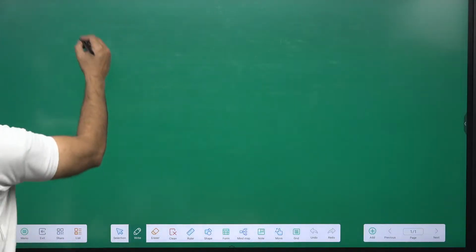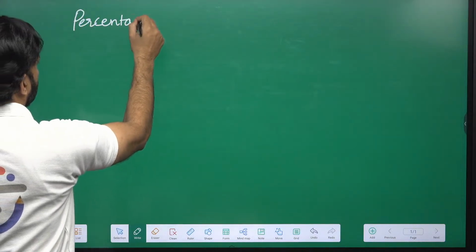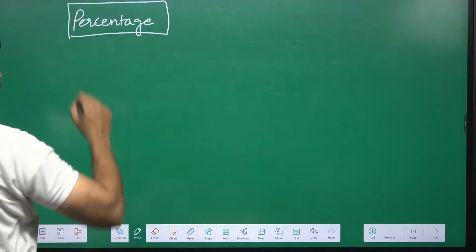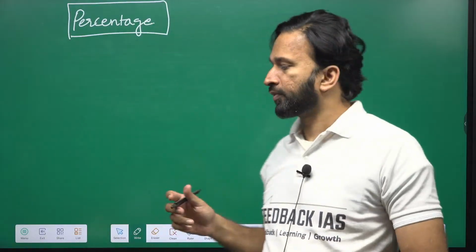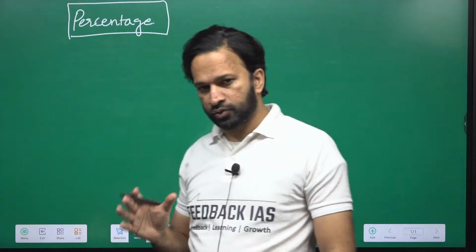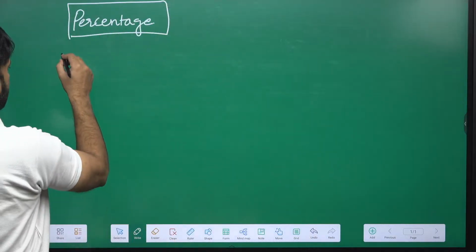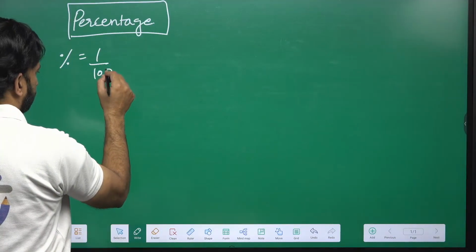We started with the topic percentages, and it has huge application in number systems, and many questions have come from this topic. We understood the concept and we solved some questions. As I said, percentage equals 1 upon 100.